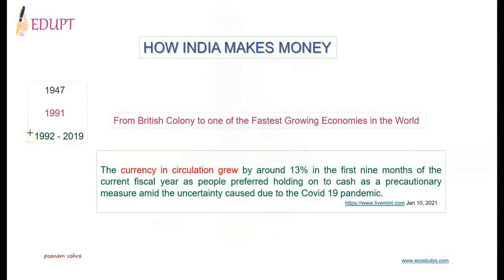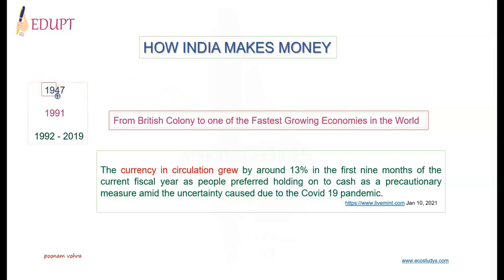Before we discuss the components of money, let's have its background, that is how India makes money. India, a former British colony that has been independent for over 70 years, is currently one of the fastest growing economies of the world. One needs to know its fundamentals.